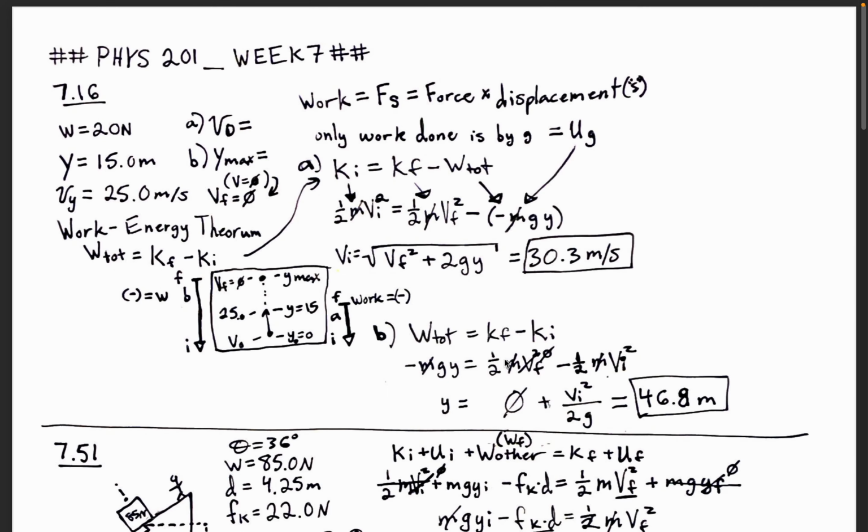So here, of course, plugging all of those in, and then you just rearrange the equation. And here, because this final velocity is 0, you can cross out this whole entire section and we'll just put a 0 here. And then plus, right, this velocity initial squared divided by 2g. And that gives 46.8 meters.